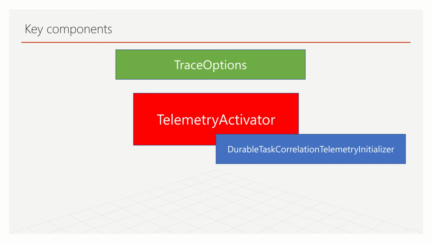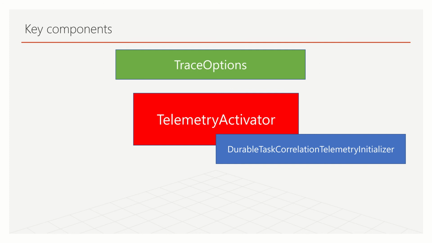Usually, sometimes we need to filter something out, or if you want to automatically track the dependency telemetry, or you might want to override some parameter for each telemetry, then you can write a telemetry initializer.